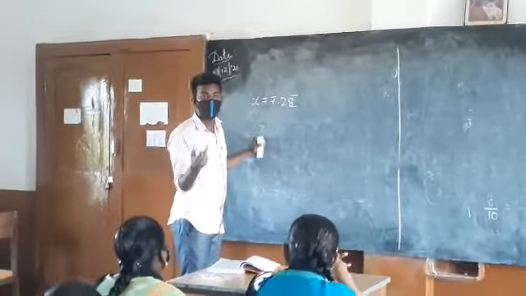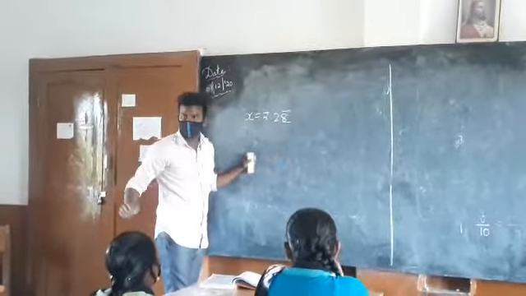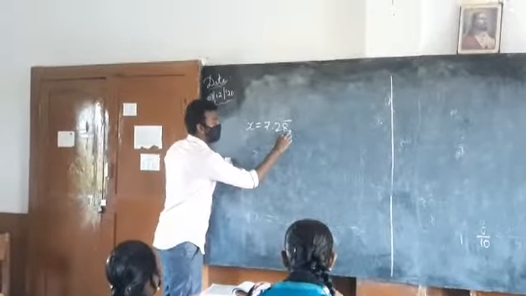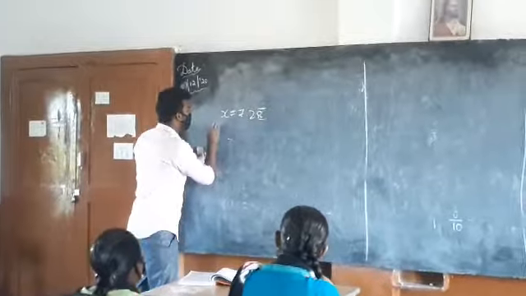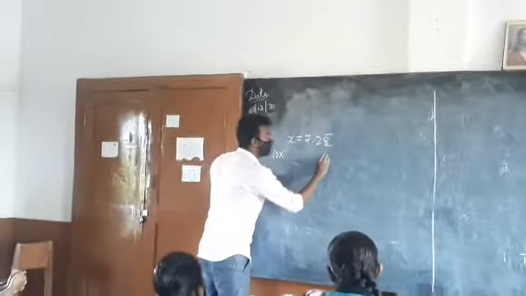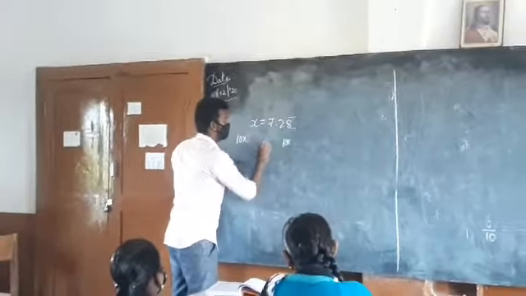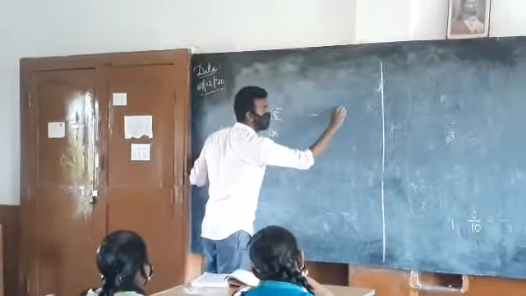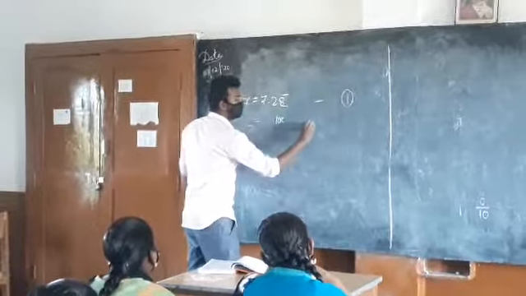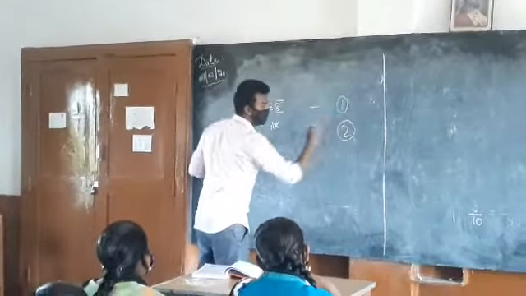So looking at the periodicity, with what number do we need to multiply this entire equation? 10. Very good. As there is one digit repeating, as there is one digit periodicity, we are going to multiply it with 10 on both sides, such that it will transform into another equation. This will be considered as equation 1, the second one as equation 2.